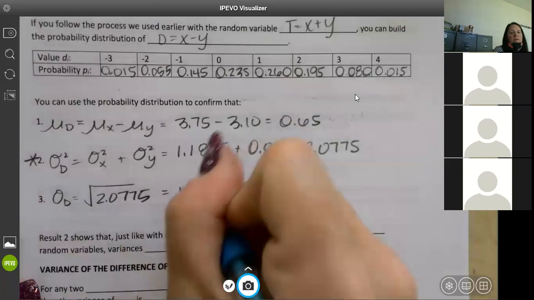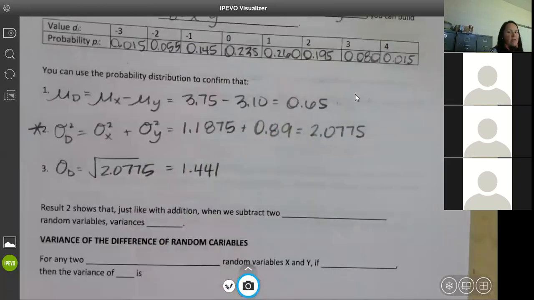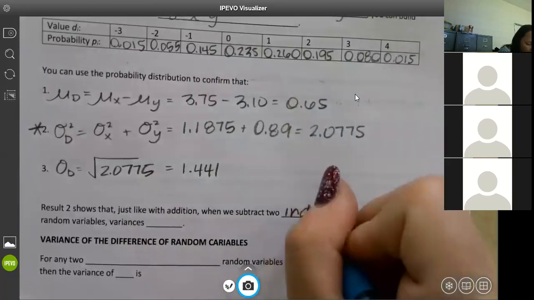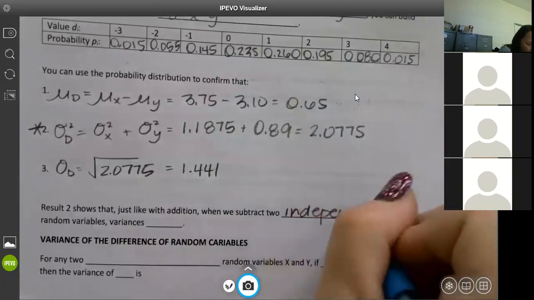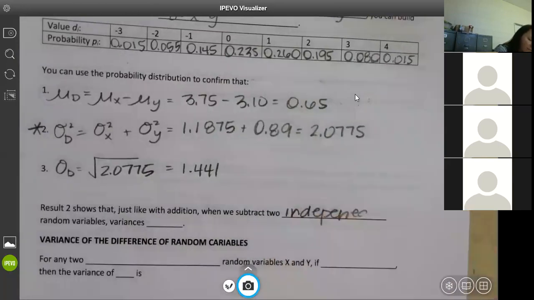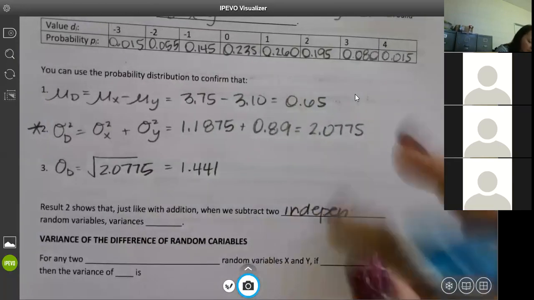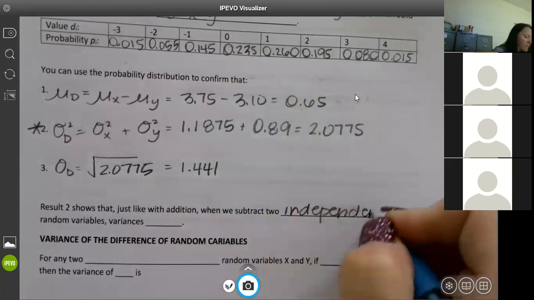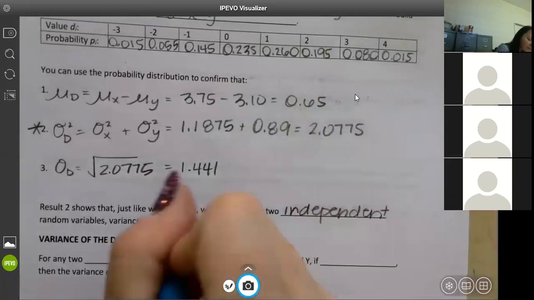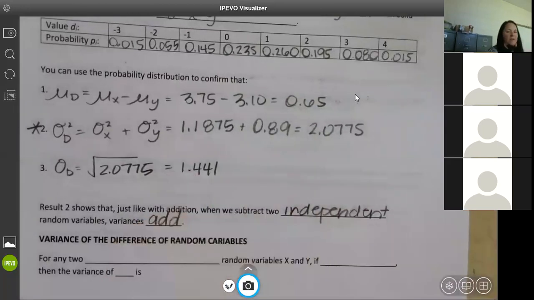So result 2 shows that, just like with addition, when we subtract two independent random variables, variances add. So no matter what, add your variances. And that's exactly what this is going to say right here.